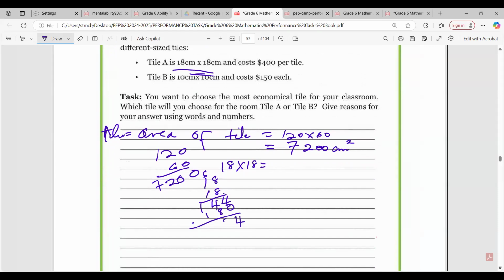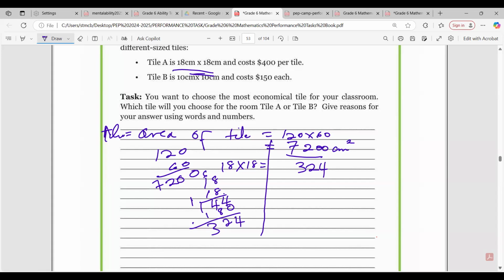So it should have been 4, 2, carry 1. So that's 324. So what we have to do, to know how many 18 by 18 tiles to take, is divide by this. I use the calculator because I don't want to keep you much longer, because I know it takes a lot out of you guys.